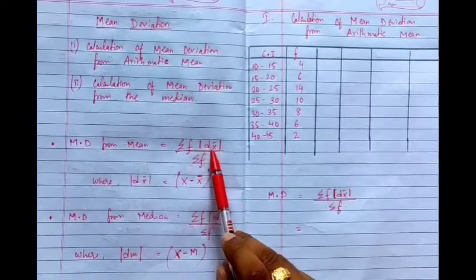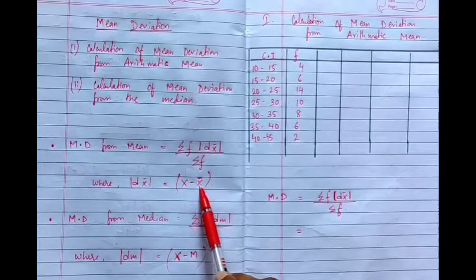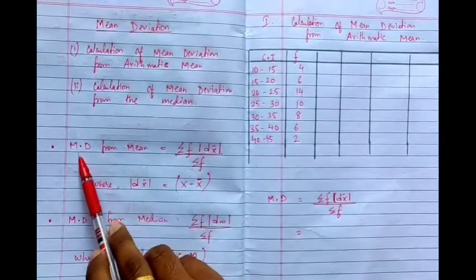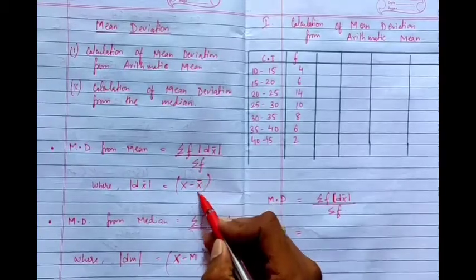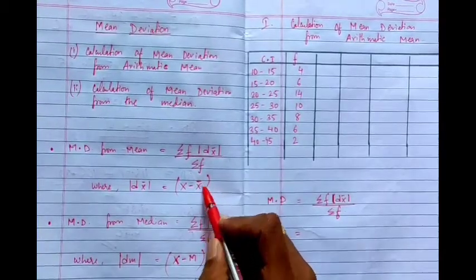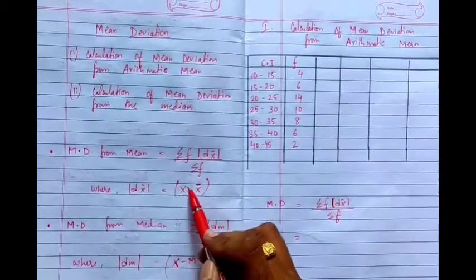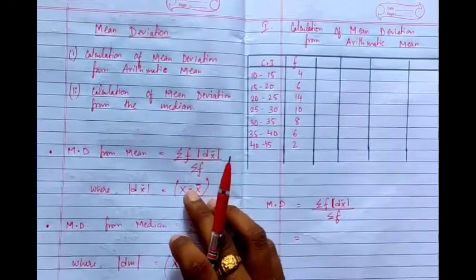For dx bar we calculate with the help of this formula: x minus x bar. Since it is mean deviation from the arithmetic mean, you have to find x bar. X bar means mean. First you have to find the mean, then only we can find dx bar by subtracting it from x. We'll do one question, then everything will be clear.